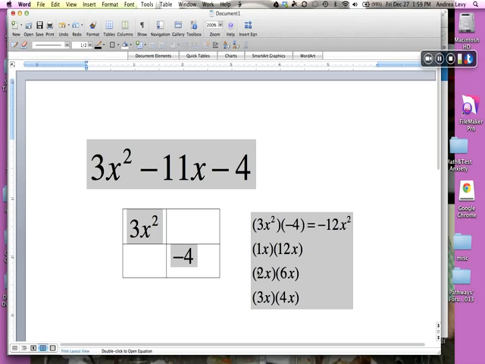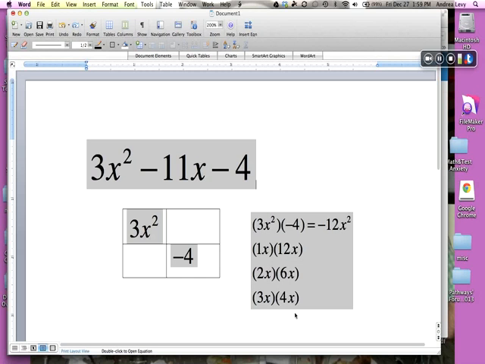But I'm going to decide which one is going to be negative based on what happens when I add these factors together instead of multiplying them, because I want to find the combination that, when added together, gives me the negative 11x.